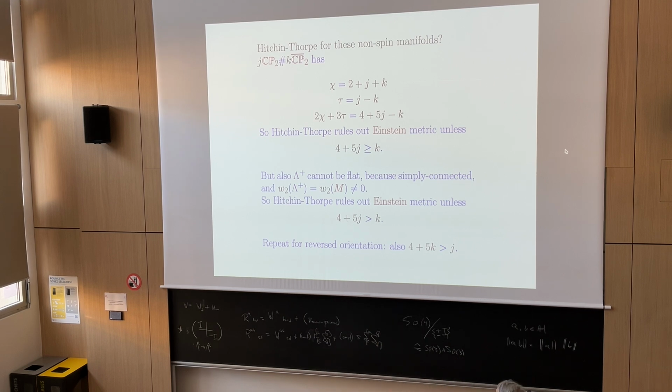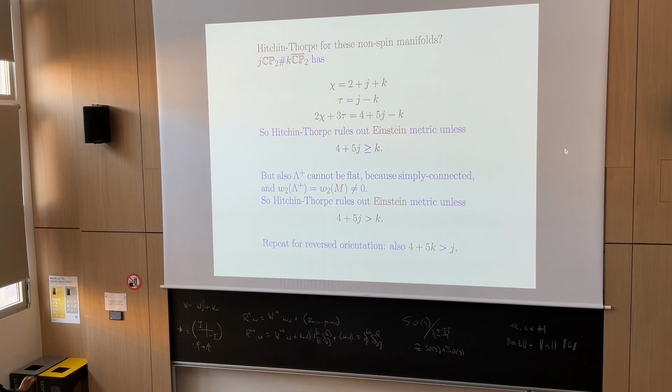Or another example, suppose you take a connected sum of CP2 with K CP2 bars. Then J is 1, and K has to be smaller than 9. You'll see that inequality at play in later examples. So there are homotopy obstructions to the existence of an Einstein metric coming out of these Gauss-Bonnet type formulas.